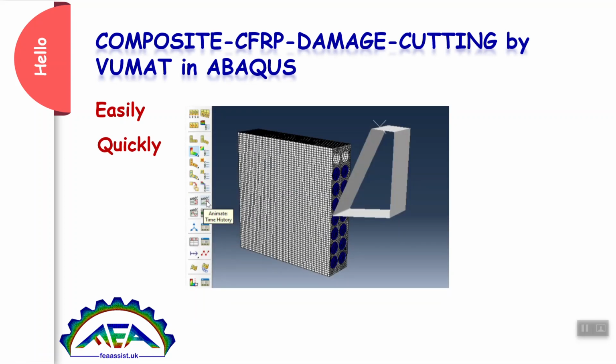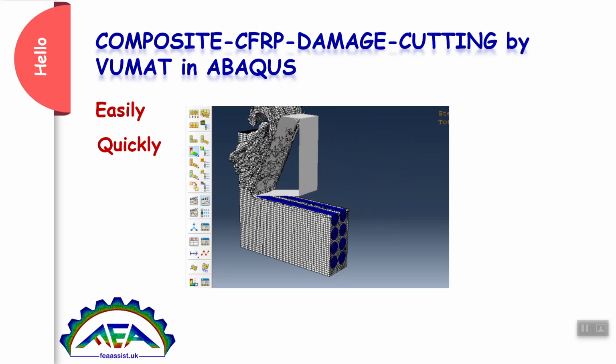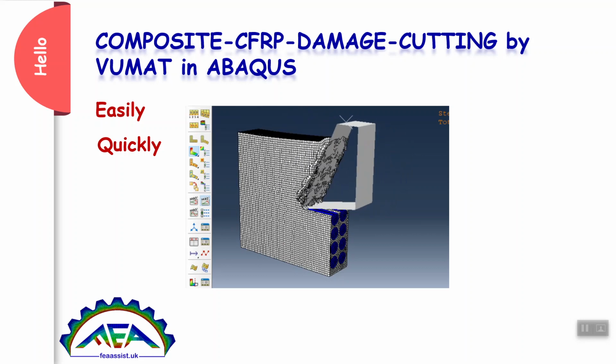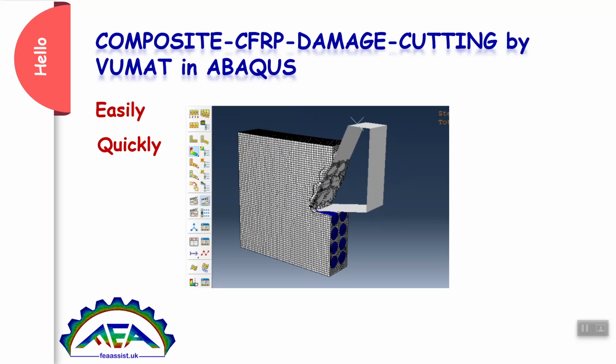The first solution is micro. In micro solution, the fibers and matrix are defined separately. You can see the cutting process here. The fibers are oriented in 0 degree in this example.